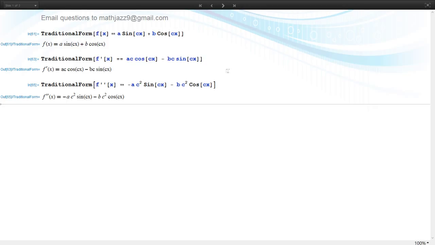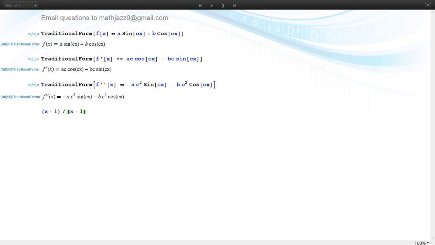Okay, so now let's take the derivative of x plus 1 over x minus 1. We can use either the quotient rule or logarithmic differentiation for this.